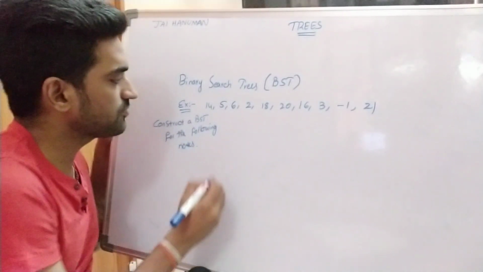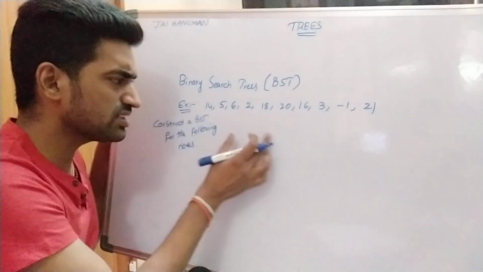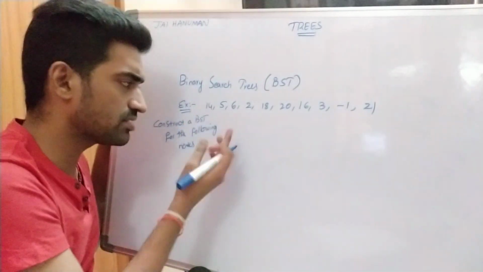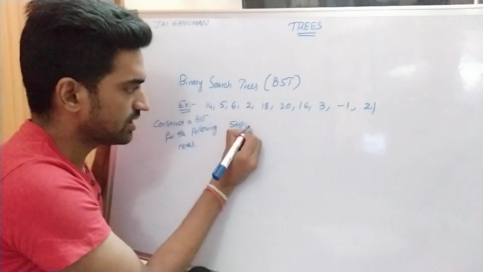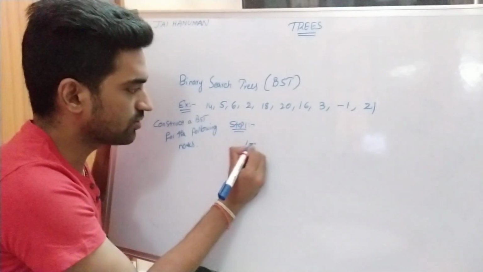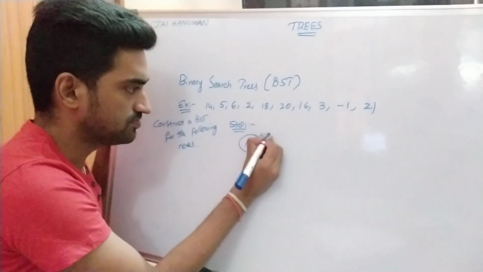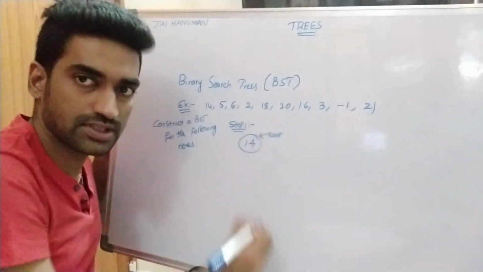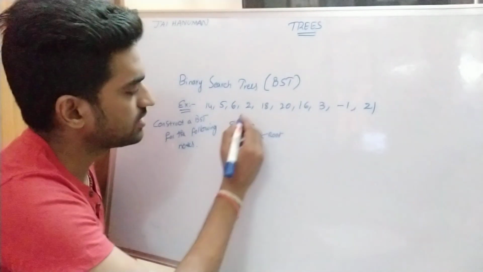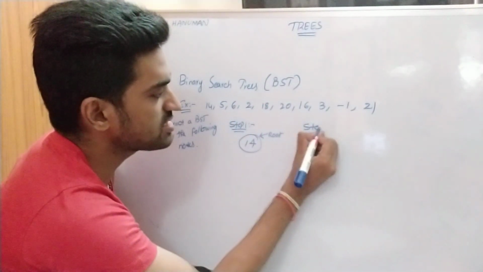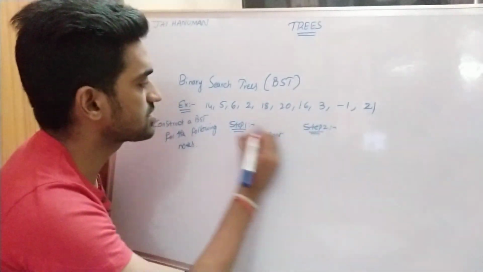Here first of all the tree is empty, so the first node can be considered as the root node, right? So in step 1 we are inserting the first element, that is 14. This can be considered as the root, right? Step 2: what is the next inserted element into the binary search tree?